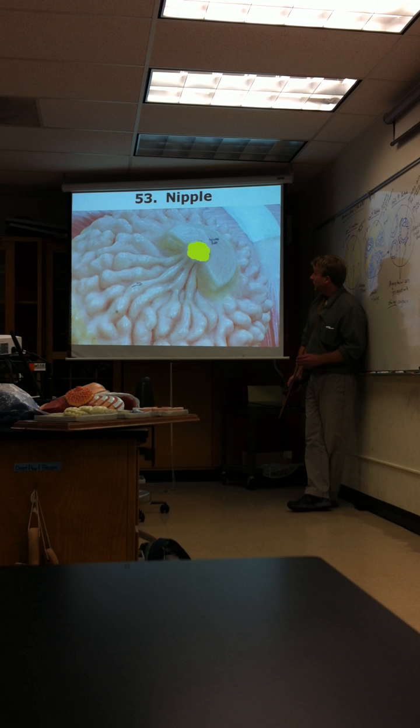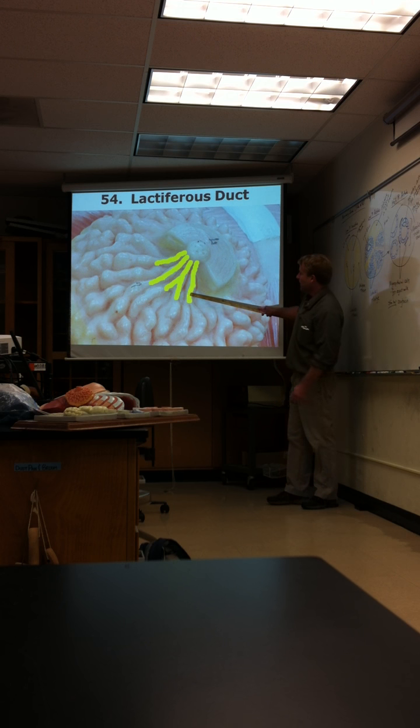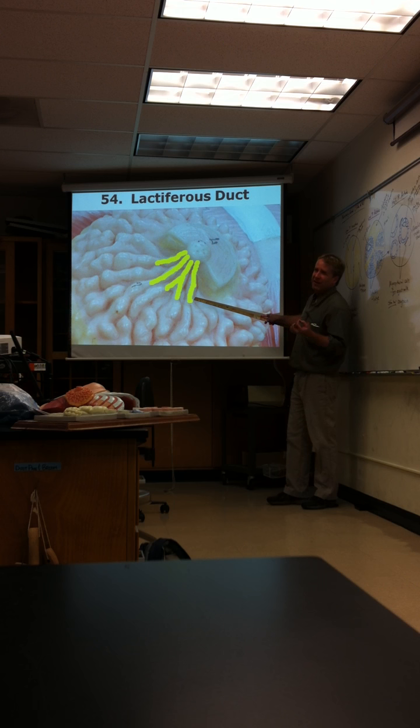Number 53 on the list is the nipple. The nipple, as you know, is where the baby will suckle and get the milk. The milk will then be delivered through these passageways. You can see them on the model, not as clear as in the book's picture, but you would be asked to identify the passageway.